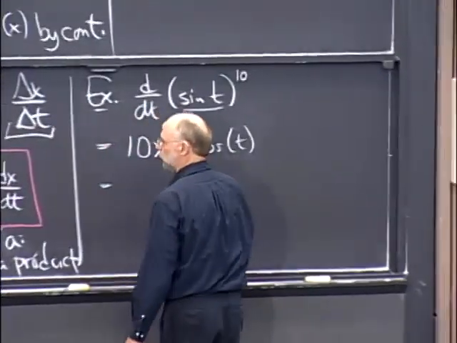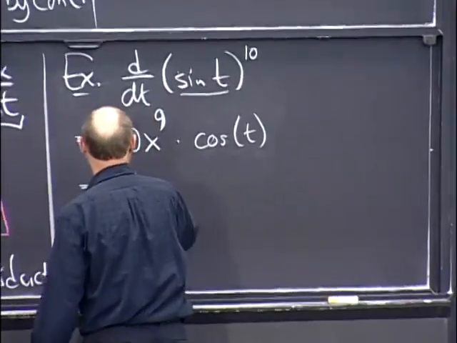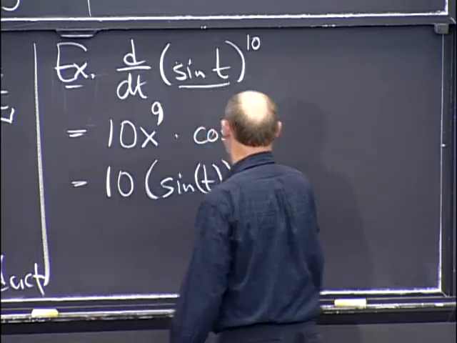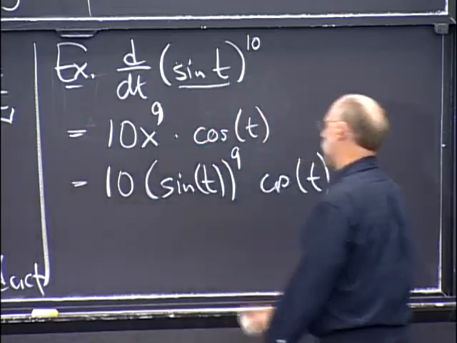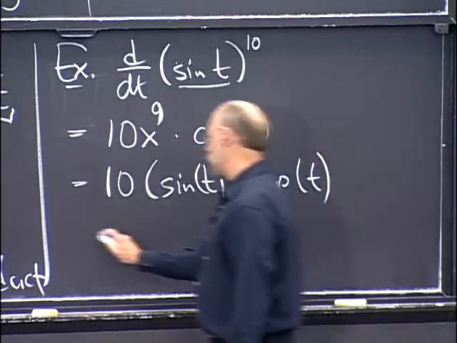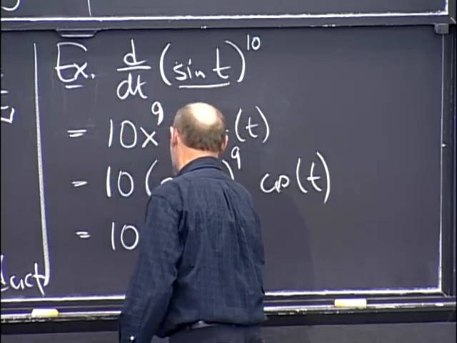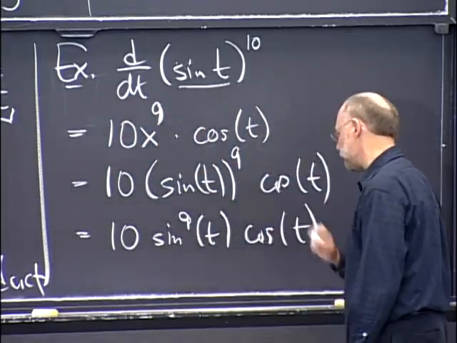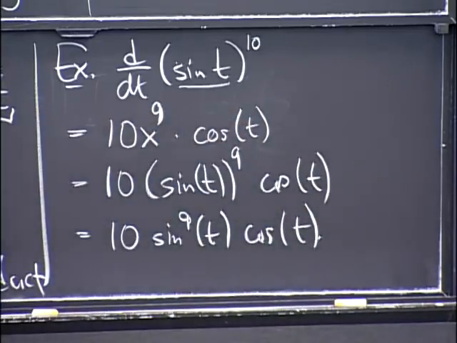So x was sine of t, so that tells me that I get 10 times sine of t raised to the 9th power, that's x to the 9th, times the cosine of t, or what's the same thing, sine to the 9th of t, cosine of t. So there's an application of the chain rule.